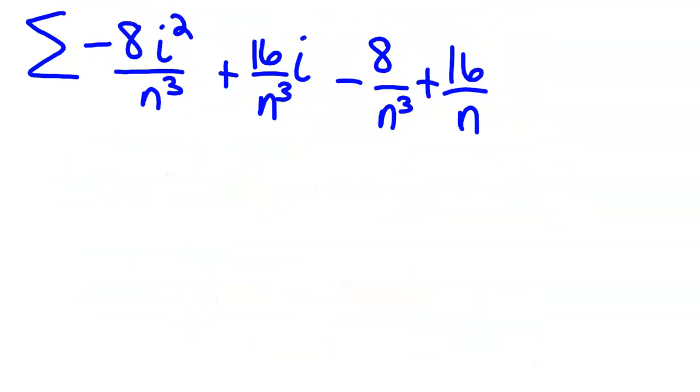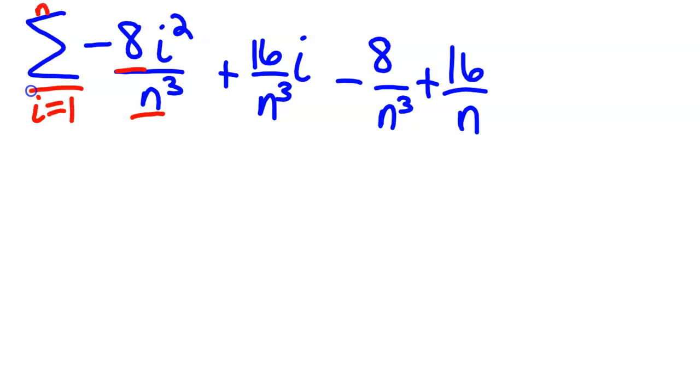Now this one's kind of a leap because you have to know some of your properties for summation notation. I'm not going to get into the details of all of this, but I'm going to just break this up now. We've got this summation notation here, and this 8 over n cubed is from i equals 1 to n.